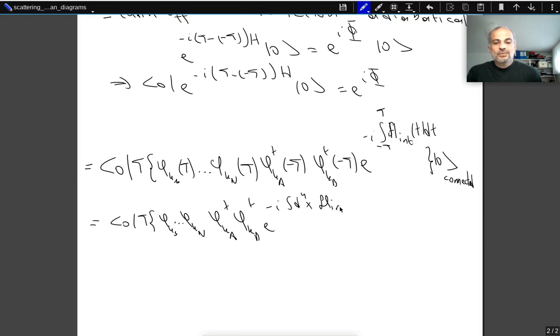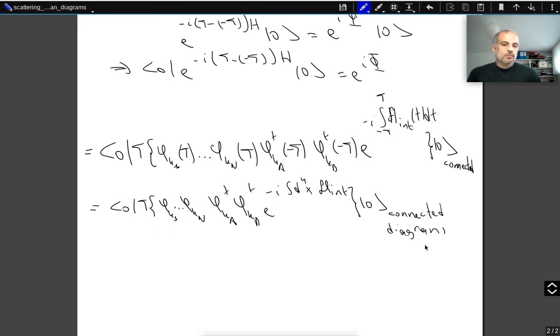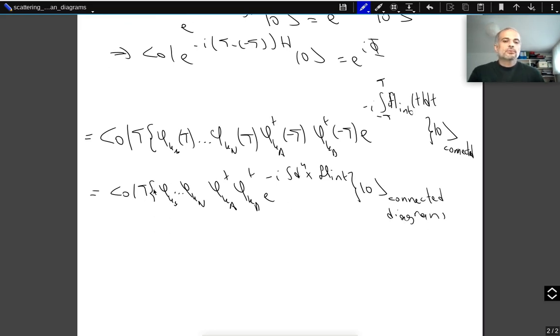Now this is the Hamiltonian density. Only the connected diagrams. And although we have this time ordered product, just keep in mind that these dagger operators are before in terms of time, they act before any of the other operators, and these operators, they act after any of the operators.